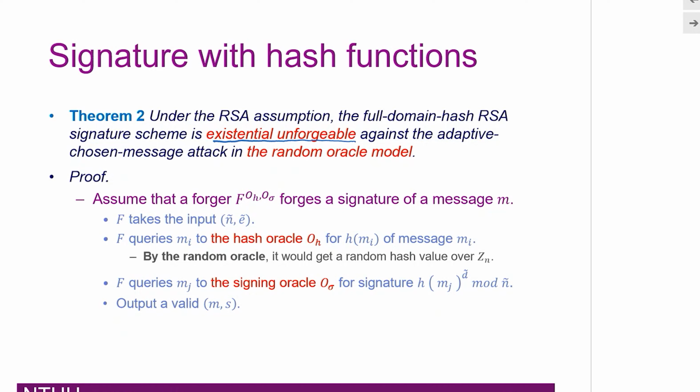Anyways, we continue with the adaptive chosen message attack. Remember that we talked about chosen message attack. So the attacker chooses a message and has our signature scheme sign that message for this attacker, and then sees the result, and then the attacker can choose another message and have the scheme sign that one, and so on and so forth.